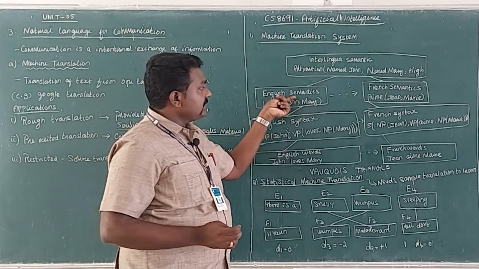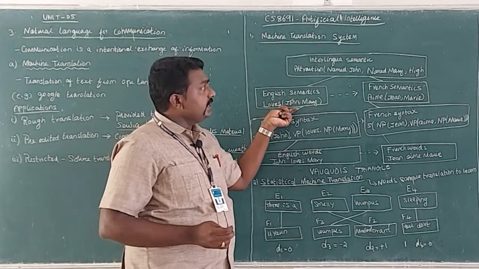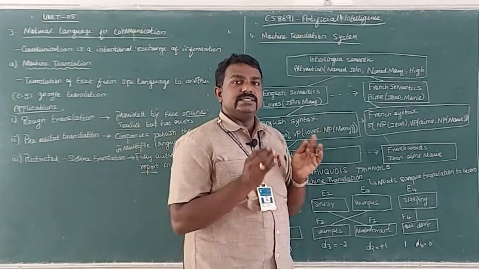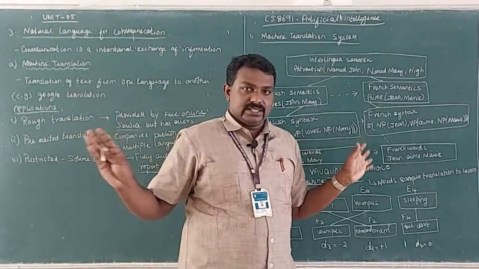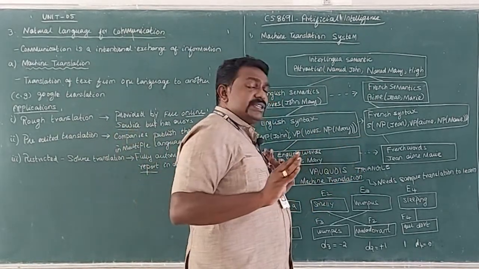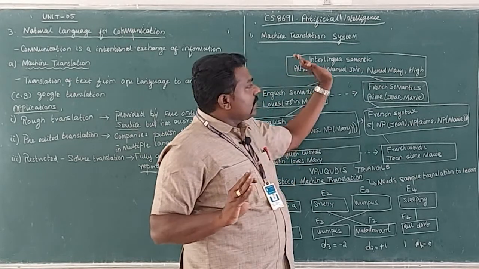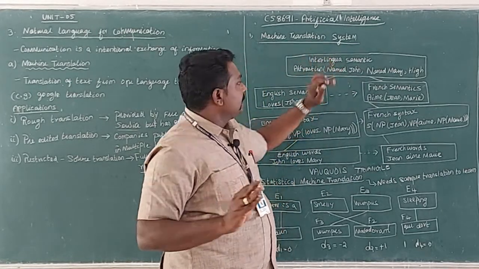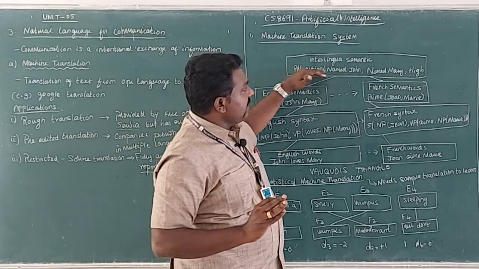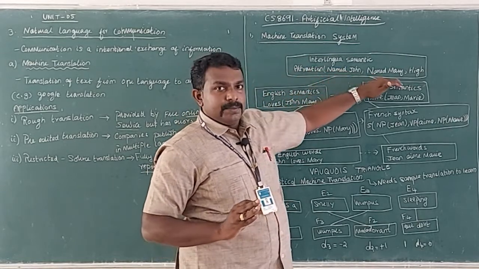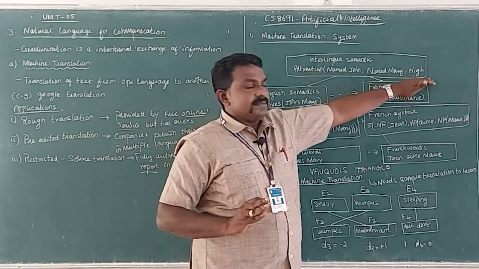Okay. So this is the semantics, and this is converted into an interlingua semantic. So it is a common framework for all languages. So from English, I am converting the sentence into a common format called interlingua. Here, if you see, there is an attraction named John, a person named Mary, and the attraction seems to be high.